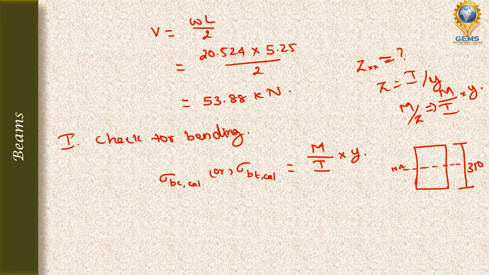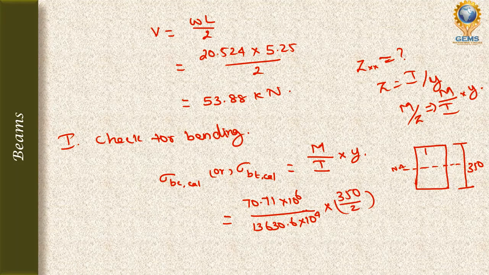M we already know. The M value is 70.71 kilonewton meter, which we convert into Newton mm by multiplying by 10 to the power 6, divided by Ixx, which is given in the question as 13630.6 into 10 to the power 4. Y is 350 by 2, the depth by 2.